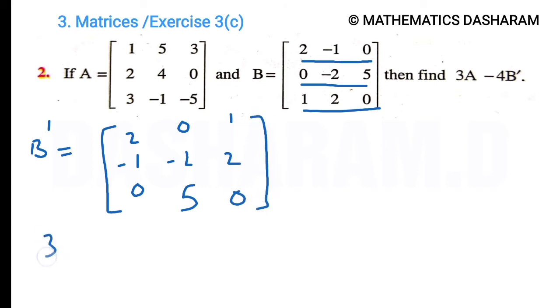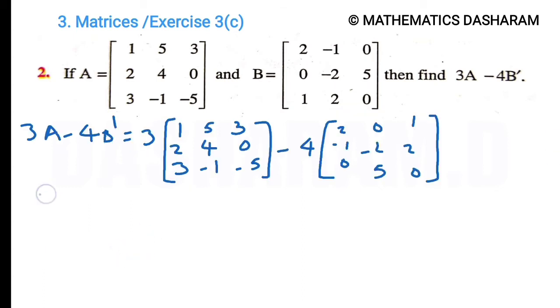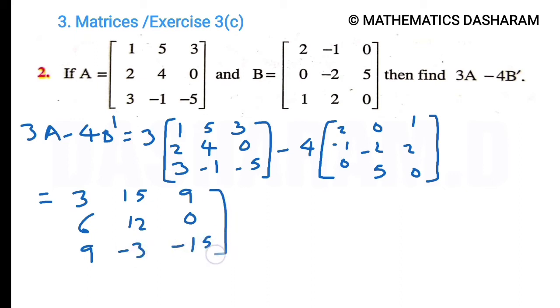Now let's find 3A minus 4B dash. First of all we need to multiply 3 inside, that means scalar multiplication of a matrix. So 3 1s are 3, 3 5s are 15, 3 3s are 9, 3 2s are 6, 3 4s are 12, 3 into 0 is 0, 3 3s are 9, 3 into minus 1 is minus 3, 3 into minus 5 is minus 15.